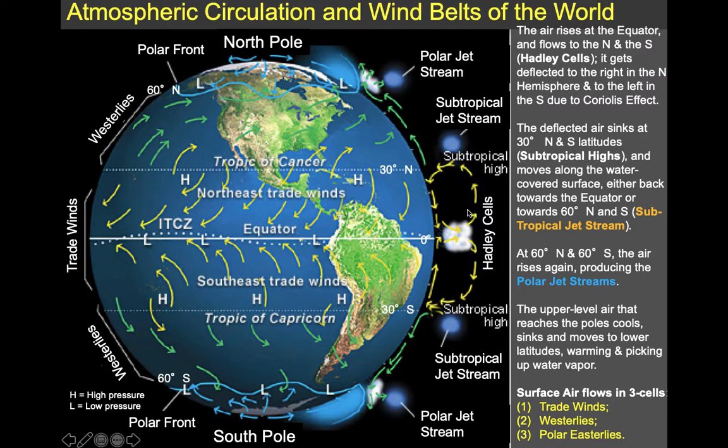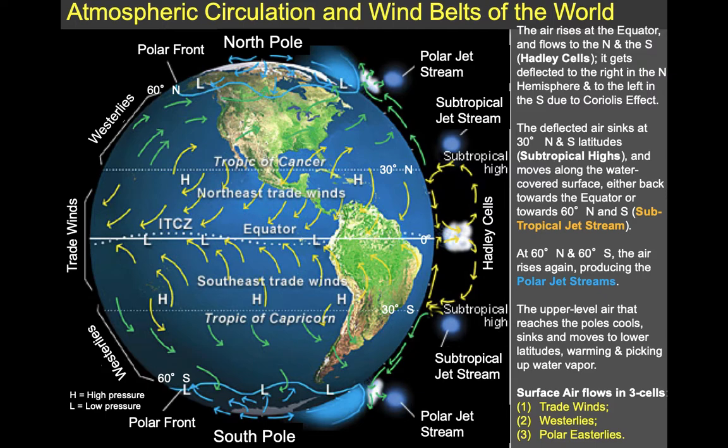And at 60-degree north and south latitudes, here and here, the air rises again because it's getting warmed up and producing the polar jet streams that we're going to be also talking about later on.